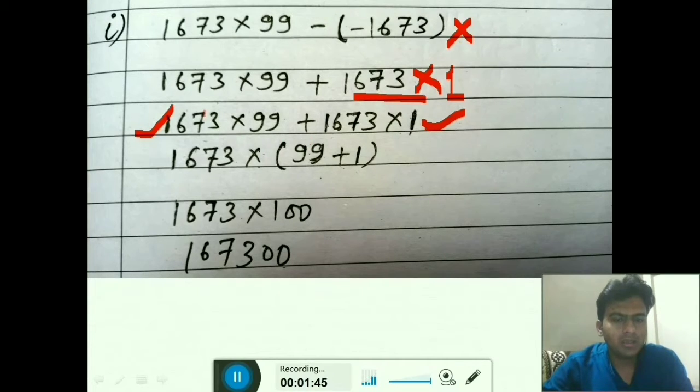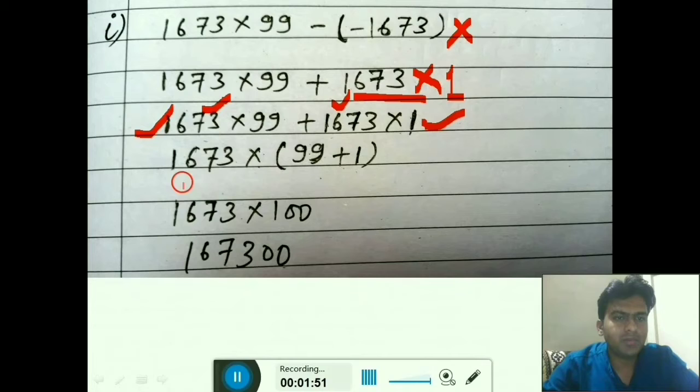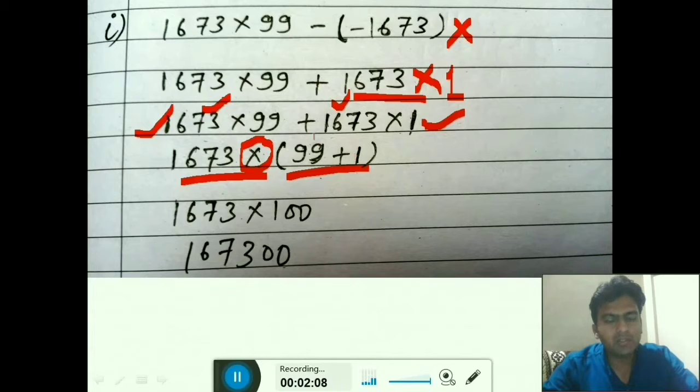Now here 1673 is common, so we take it out, and inside the bracket we write 99 and 1. When we take a common number out, we put a multiply sign before the bracket, and inside the bracket we use whatever sign is given here.